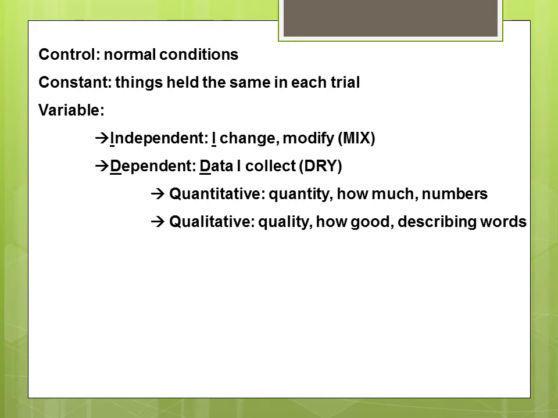If I was doing this plant experiment with the fertilizers, the quantitative data might be something like the plant grew a certain number of centimeters tall. If it was qualitative data, it'd be something like the plant was very green, or it looked fresher than the other plants, or there was less water in the soil. Anything like that would be qualitative data, whereas measuring numbers would be quantitative.